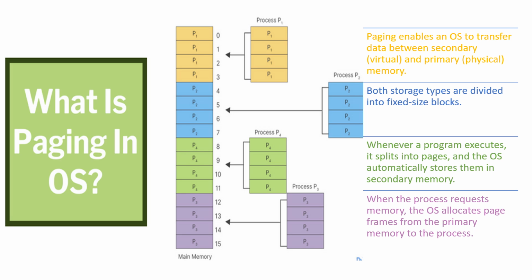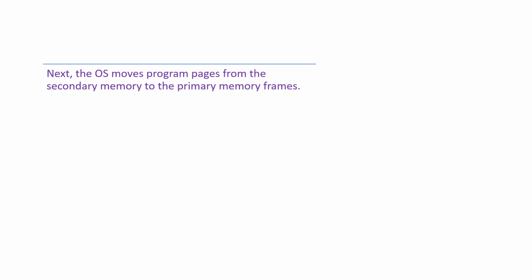Now we can see what happens next. The OS moves the program pages from the secondary memory to the primary memory frames.